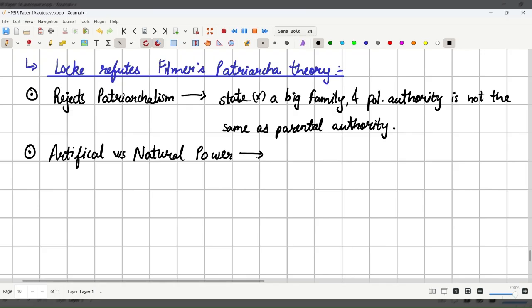He clarified that while parental authority is natural, political authority is artificial and created by an agreement of men.